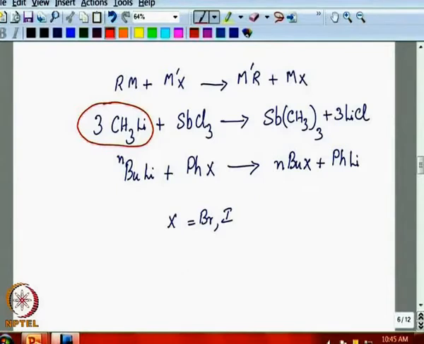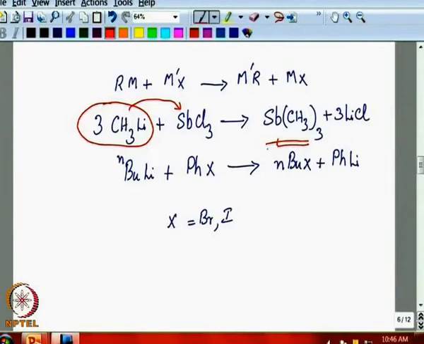The methyl lithium is formed from methyl bromide and lithium, and then once you have this metal alkyl, you can transfer it to a less electropositive element like antimony, and you form an organometallic compound which it is not possible to generate directly from a reaction of methyl bromide and antimony, but by this indirect method you first convert it to methyl lithium and then transfer the methyl group from the lithium onto the antimony atom.